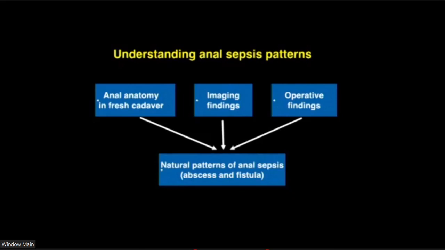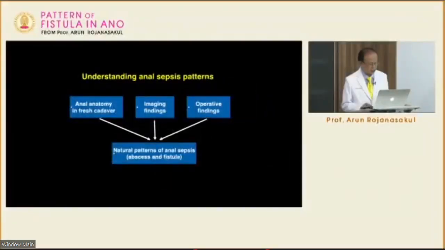Second, we have the live findings from 3,000, 4,000 cases. And third, we have imaging findings in many cases. And these three things give the anal patterns of anal sepsis. Again, I say that it covers abscess and fistula both.